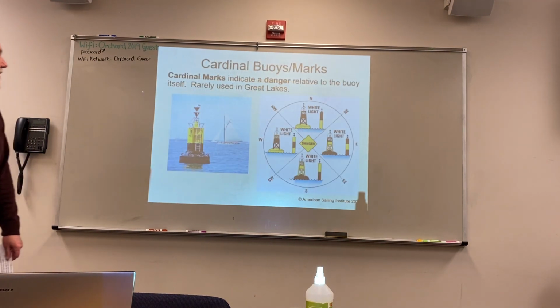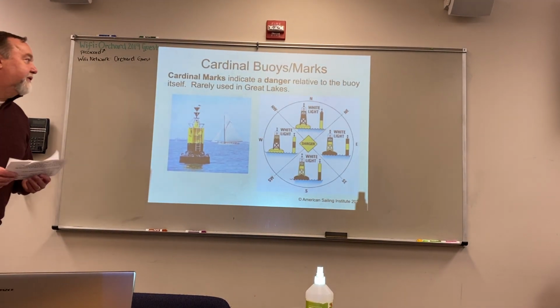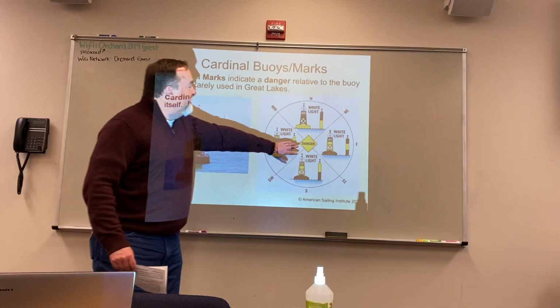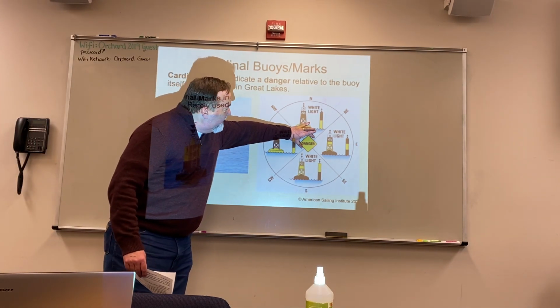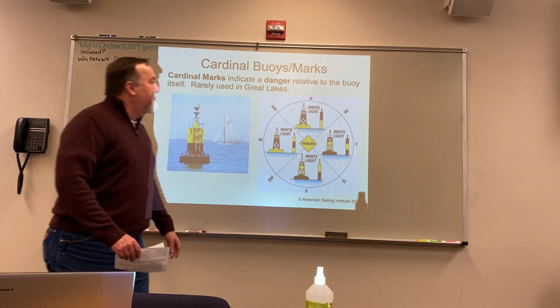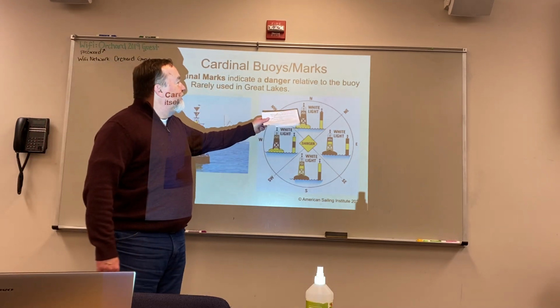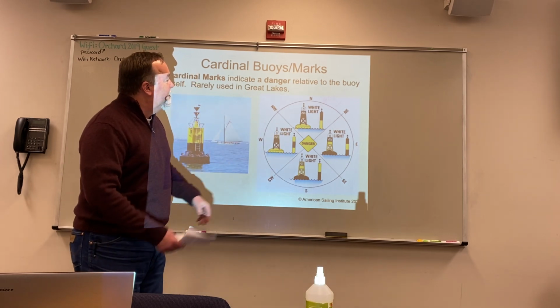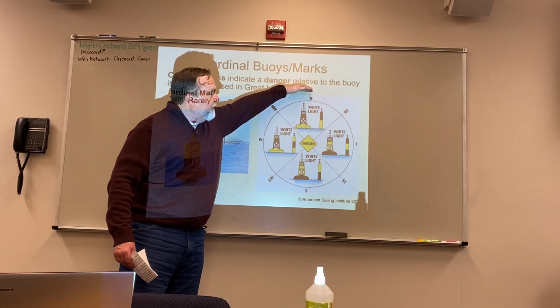All right, we got that. Cardinal buoys. Cardinal buoys indicate a danger relative to the buoy itself. Let's say the danger is right here in this little yellow triangle. A cardinal buoy with 2 triangles facing north means that you want to pass north of the danger.